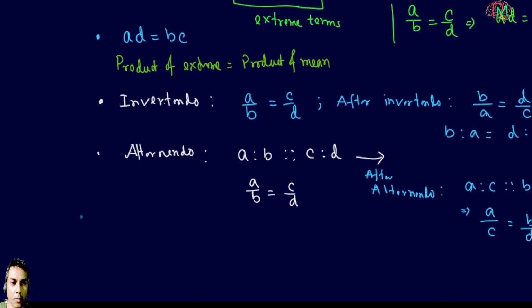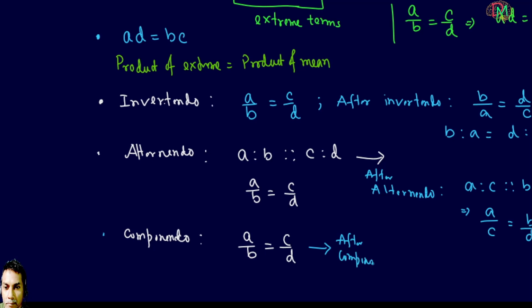Now we learn componendo. What does that mean? Suppose the given ratio was A by B is equal to C by D, and after componendo, actually what we do is just add 1 to both sides.